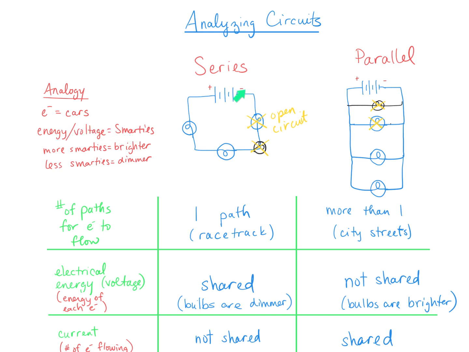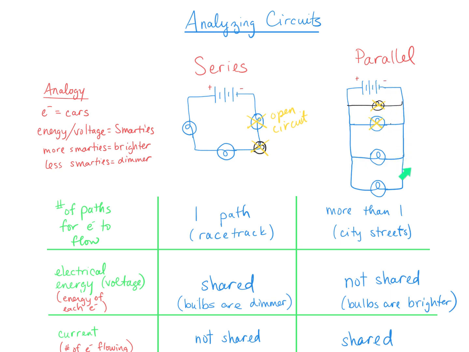So again, the idea that electrons leave the battery carrying a certain energy, like cars leaving this garage carrying a certain number of Smarties. Just think about how the cars drop their Smarties to make the light bulbs glow, and also think about where the cars can travel.